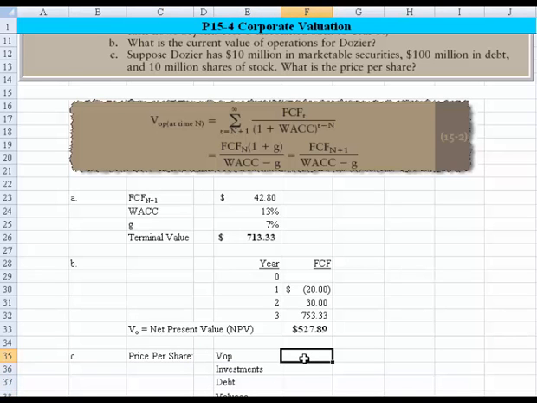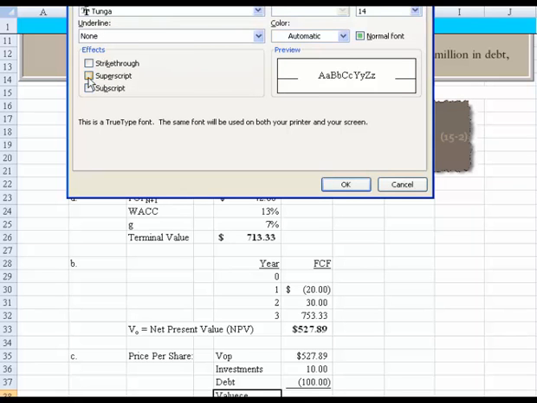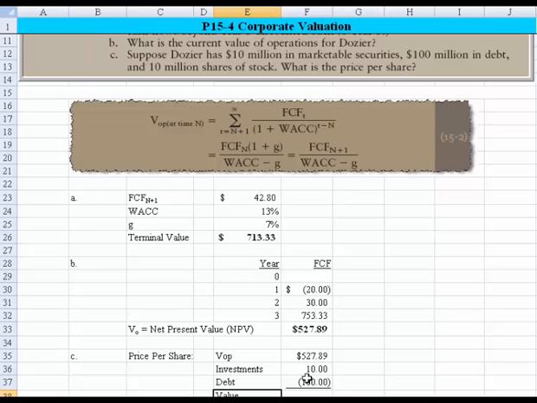The value of the operations we've calculated above, it's 527.89. Let's drop in the other two. Investments were 10 million, the debt is 100. And the value of common equity, let me format this.